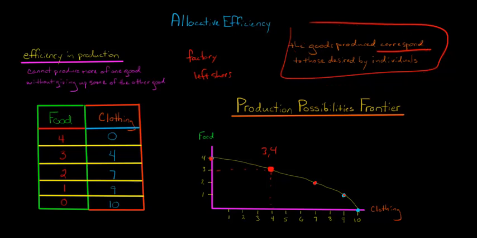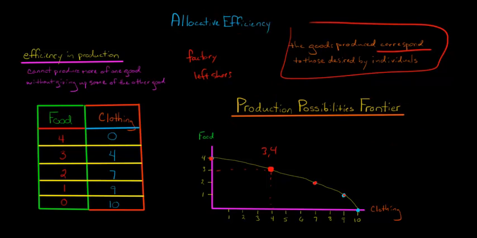We can find that using calculus: we can draw an indifference curve and find the point where the indifference curve is tangent to the PPF. That's the point of allocative efficiency.